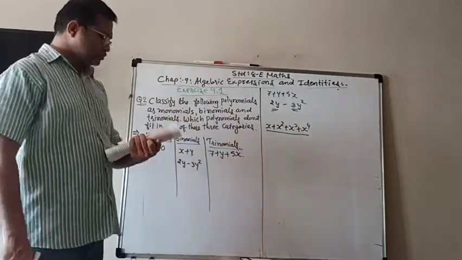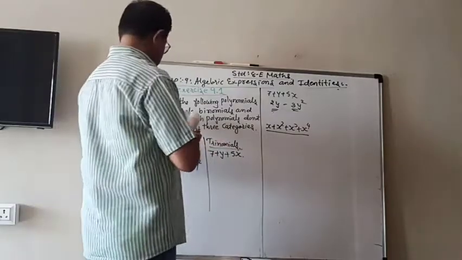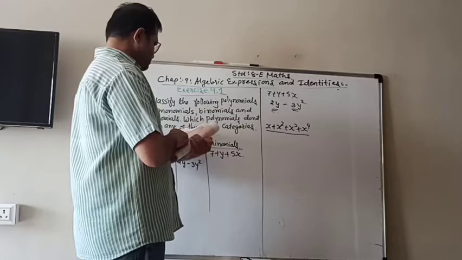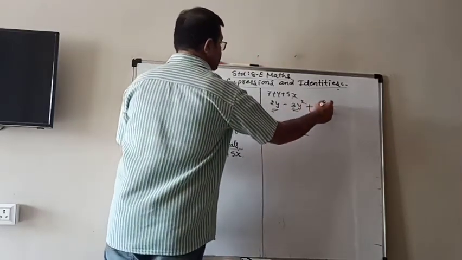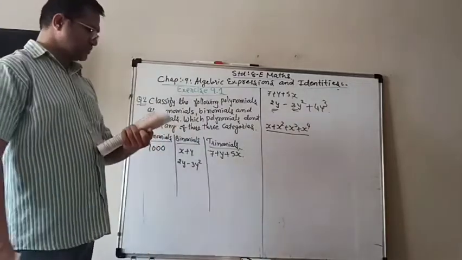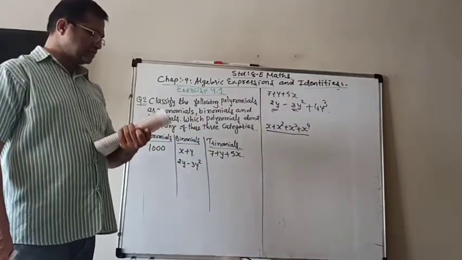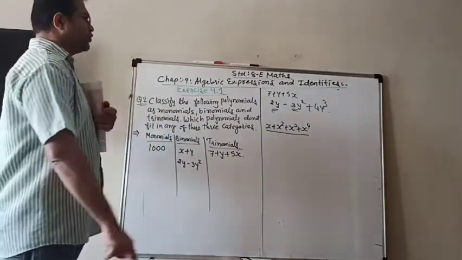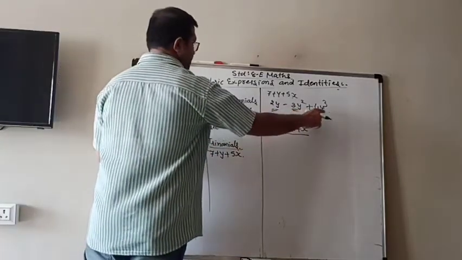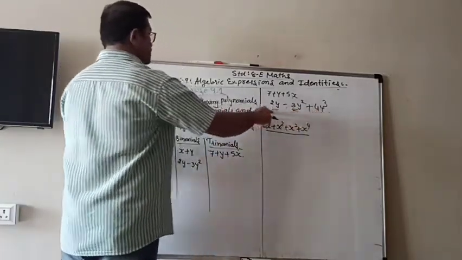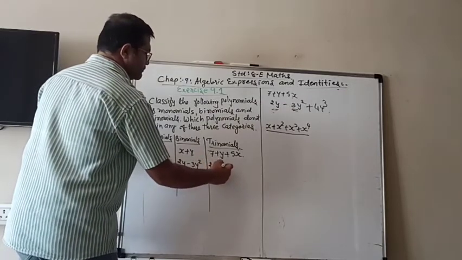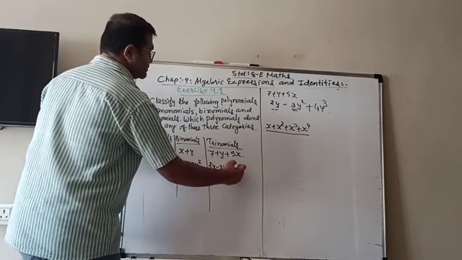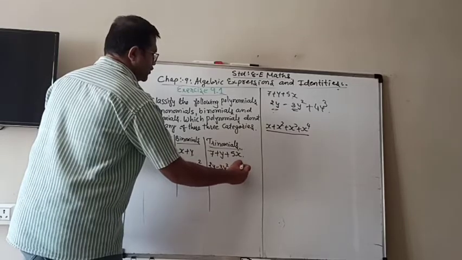Next is 2y minus 3y square plus 4y cube. One another term is added. The first 2 terms are the same. 2y minus 3y square plus 4y cube. So it has 1, 2 and 3 terms. So we can write it down in trinomial: 2y minus 3y square plus 4y cube.